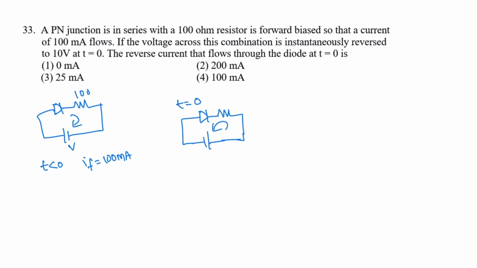During this time interval, the diode conducts due to excess minority carrier storage. Therefore, at t equal to 0 plus, reverse current IR is 10 by 100, so its value is 100 milliamperes, because it takes some time called reverse recovery time to enter into the reverse bias. Instantaneously the current won't become 0, hence correct option is 100 milliamperes.